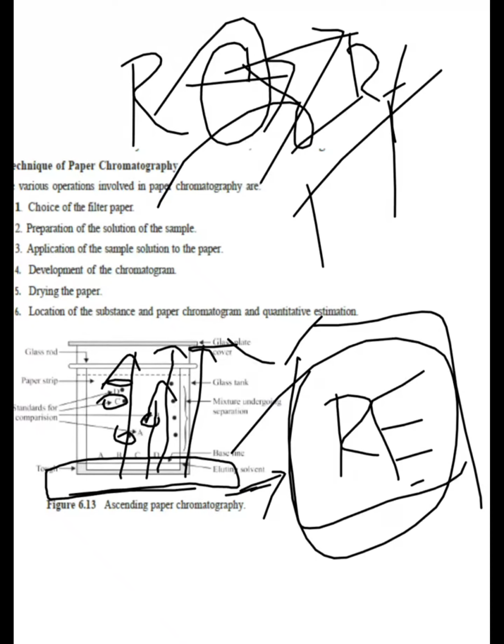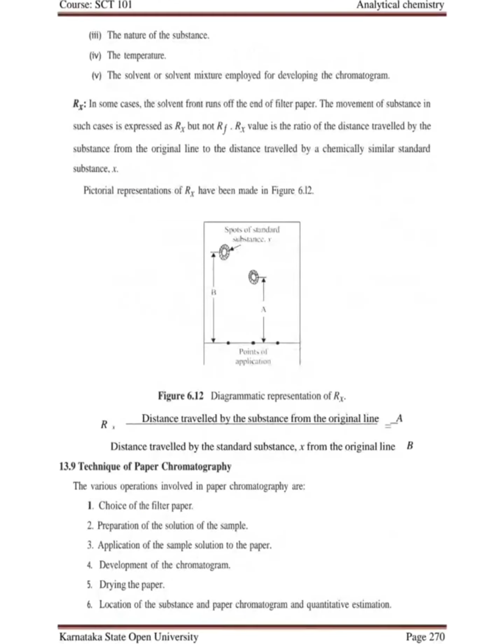The preparation of the solution should be dissolved in a small quantity, and then the application of the sample on the paper. So the technique used for paper chromatography depends on the filter paper, preparation of the solute, means dissolving in the different solvents, application of the sample solution on the paper, development of the chromatogram, and drying of the paper.